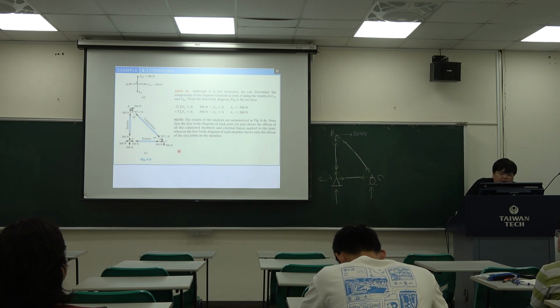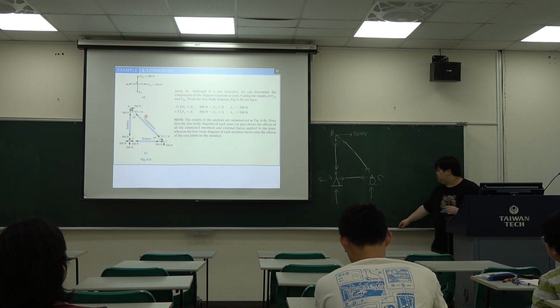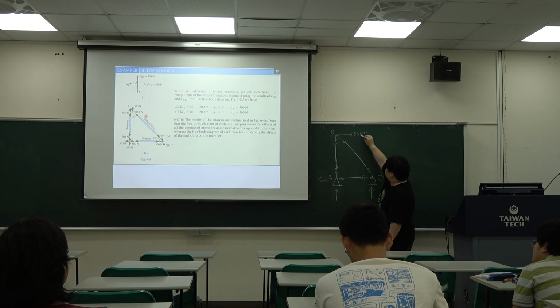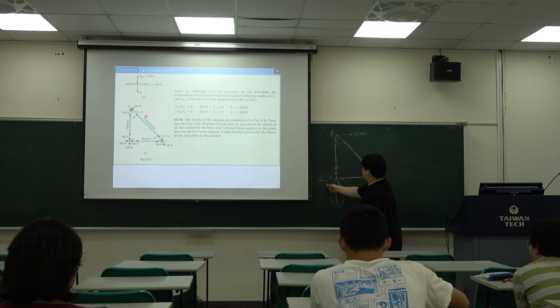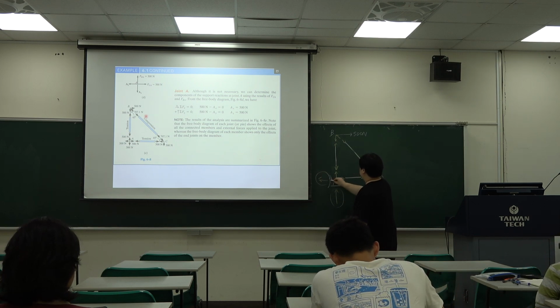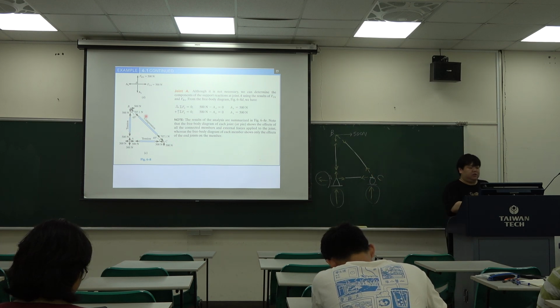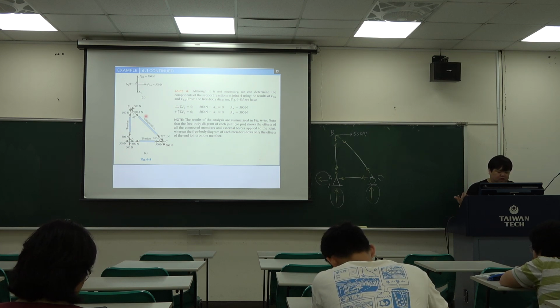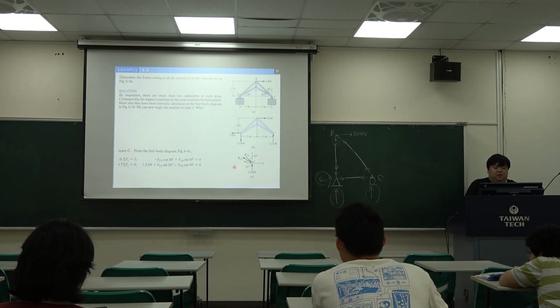And if you want to know this part, I think using the previous method is also okay, because we can use this force, then calculate this reaction force and this reaction force. Then we can very easily get this value, and get these two values again. So using the previous method, we can also get the answer. But now we just learn how to use the method of joints. Okay, next example.